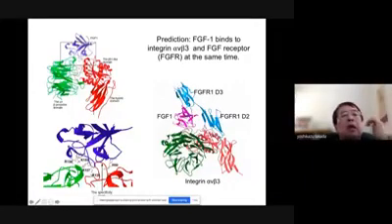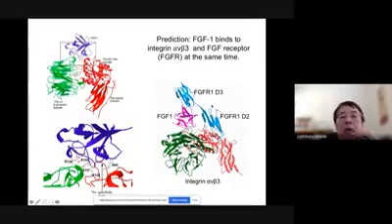So what we have done next is to introduce a mutation in FGF that can potentially block this interaction. What happens? Also, this is a crystal structure of the FGF1, FGF receptor complex.